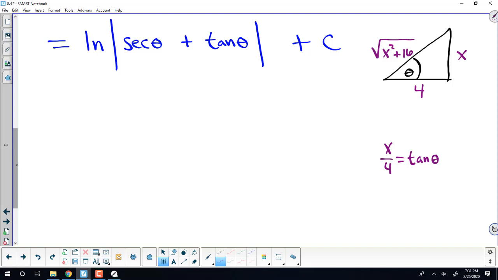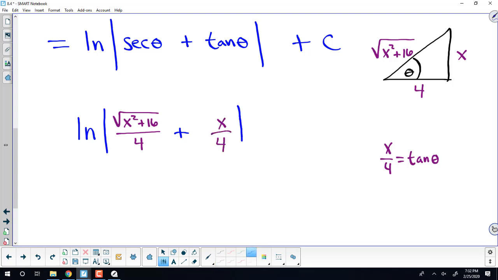Okay, so now we know secant is the square root of x squared plus 16 over 4, plus tangent, which was our substitution, x over 4. So there's our antiderivative in terms of x.